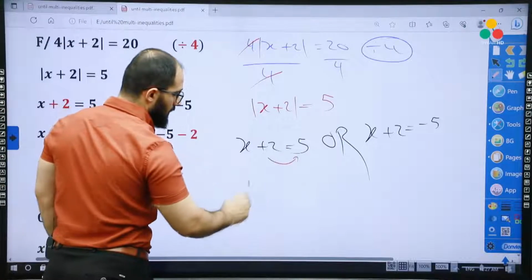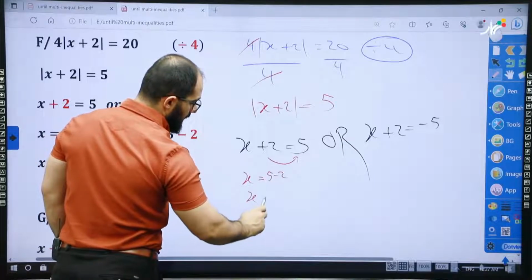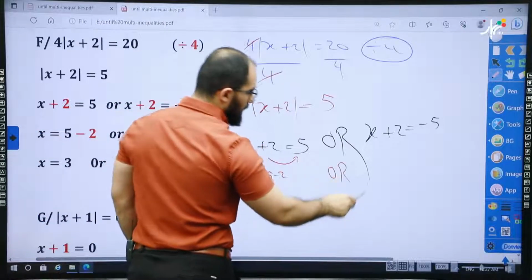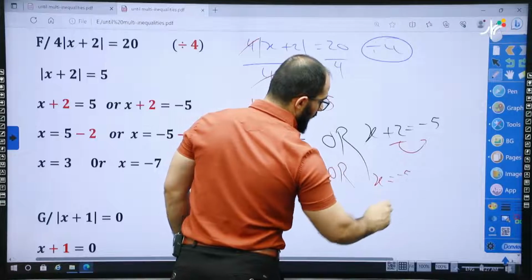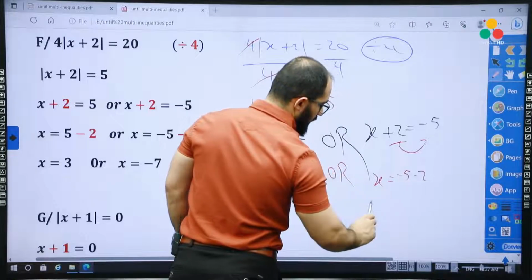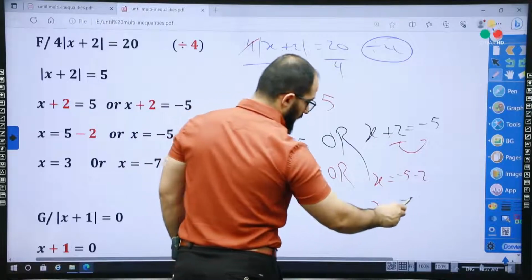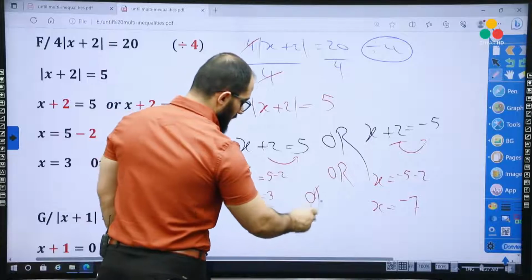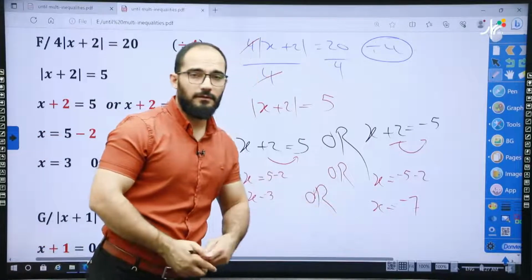Move it to the other side: x is equal to 5 minus 2, so x is equal to 3. Or x is equal to negative 5 minus 2, which is negative 7. So the answer is x is equal to 3 or x is equal to negative 7.